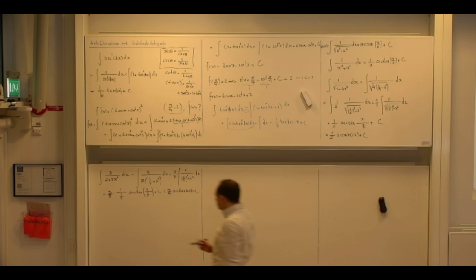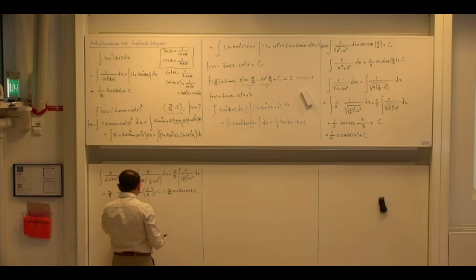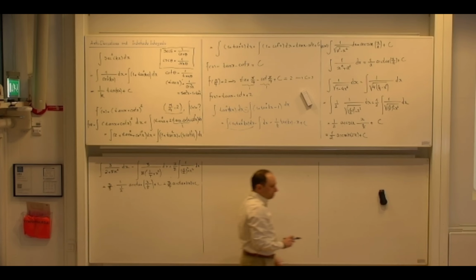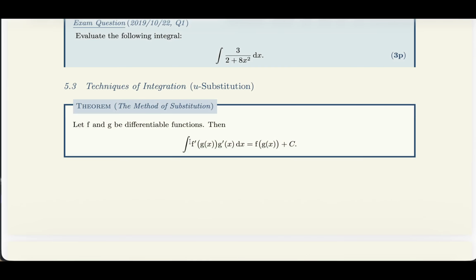The U substitution method is also not hard. Do you remember what type of formula this is? Do you remember something about this combination, f prime of g of x times g prime of x? Yes, that is the chain rule.